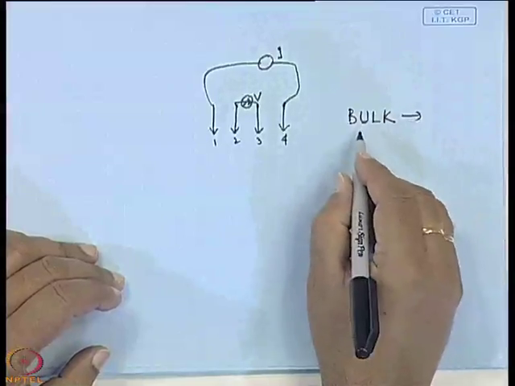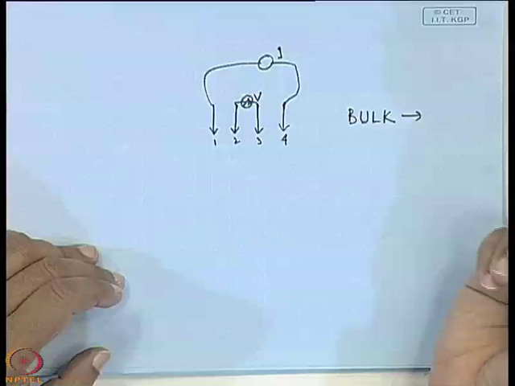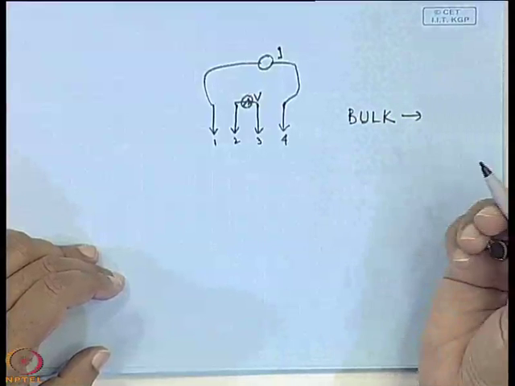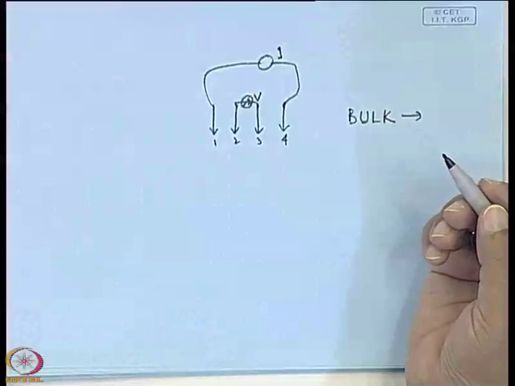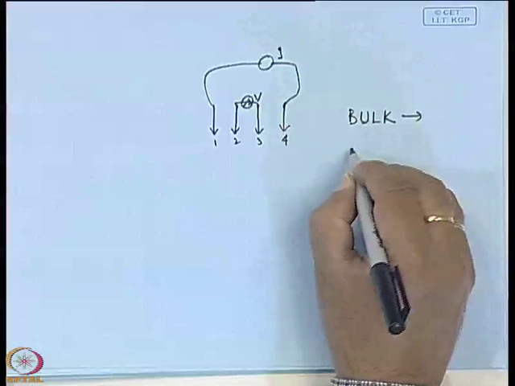In that case we can consider that it is a sheet of material, because we consider a very small thickness of the epitaxial layer. So, one is the bulk, another is the thin film or the sheet or the epitaxial layer, whatever be the case, that is known as the thin sheet, say.